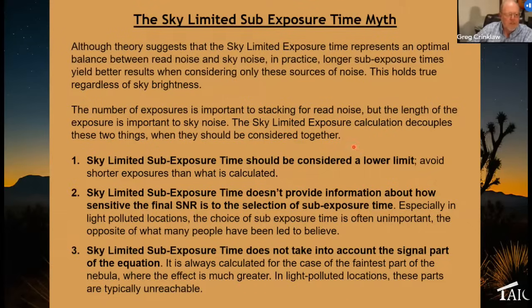As a result, the sky limited sub-exposure time should be considered a lower limit. And I was getting these results back with my SkyTools 3 software when I first started making it do some imaging. The sky limited sub-exposure time that you can calculate is best considered a lower limit. Beyond that, you can take as long a sub-exposure time as you want. It's not really an optimum, and that's all I'm really saying here.